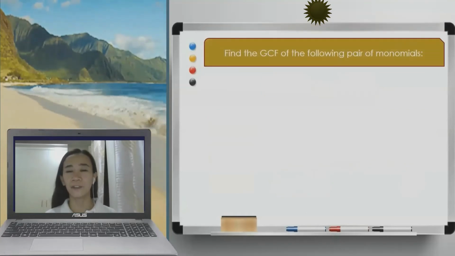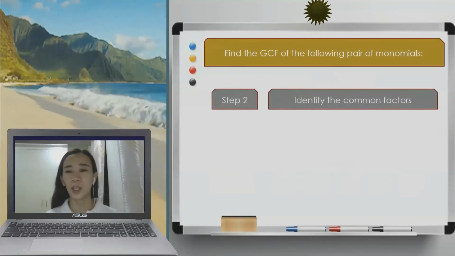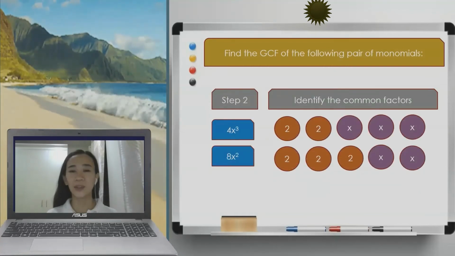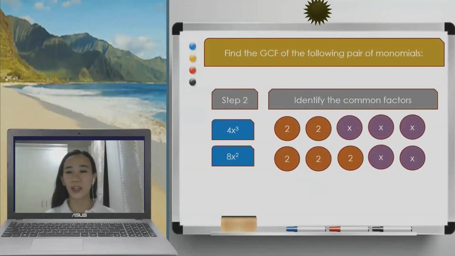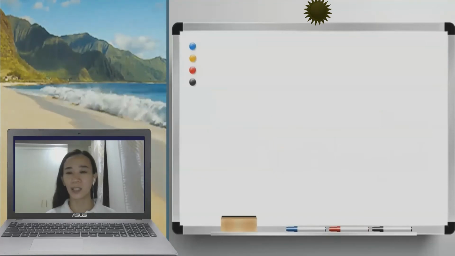Next, in finding the GCF, step 2 is to identify the common factors. Since we already listed the factors, we will identify the common factors now. The common factors are 2, 2, and another x and another x.